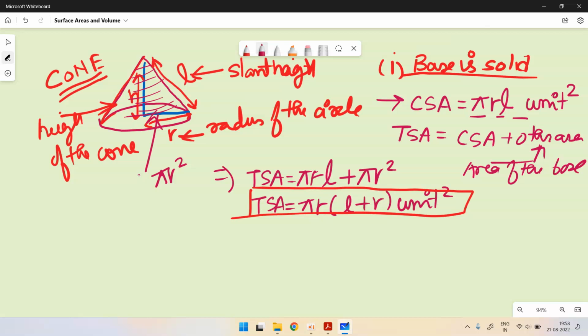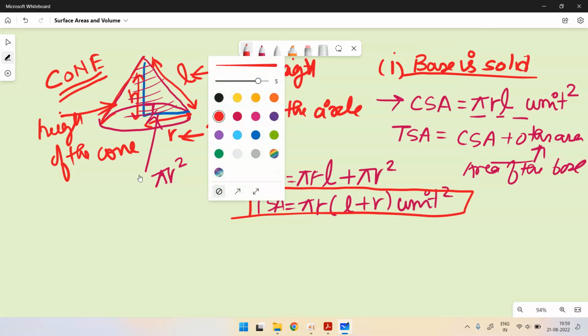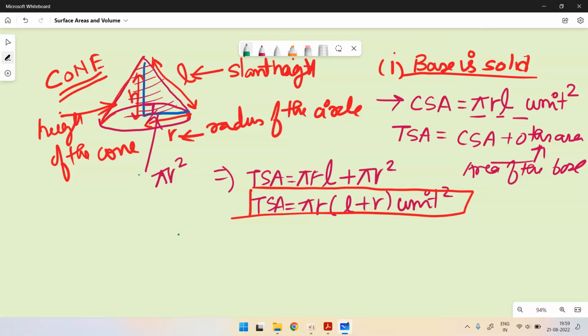Now, there is one beautiful relation here. See, you can see that this is a right angle triangle. So this is a right angle.